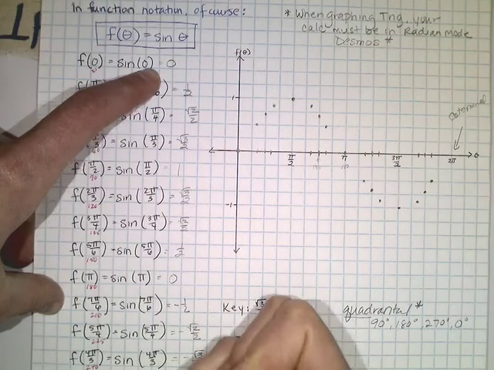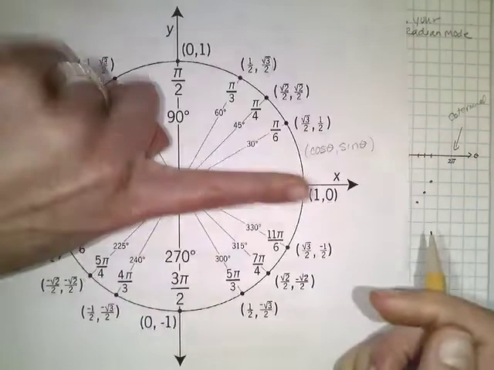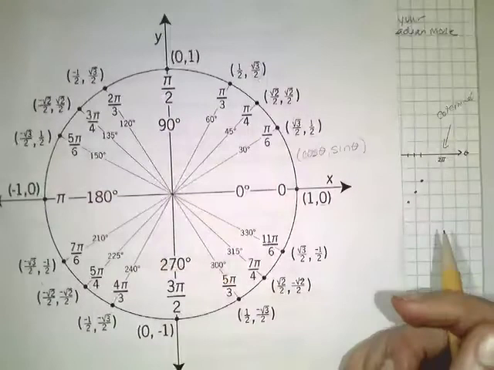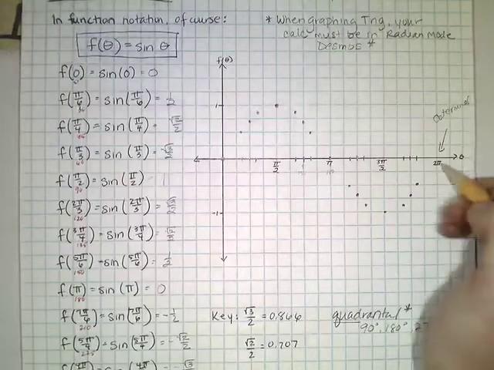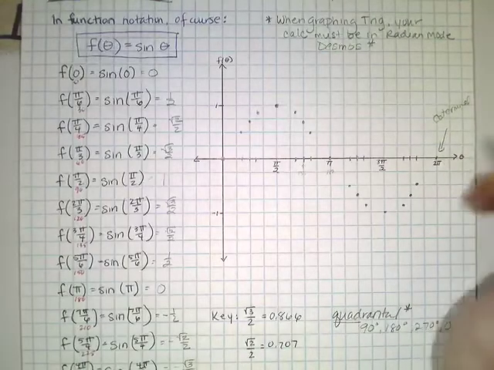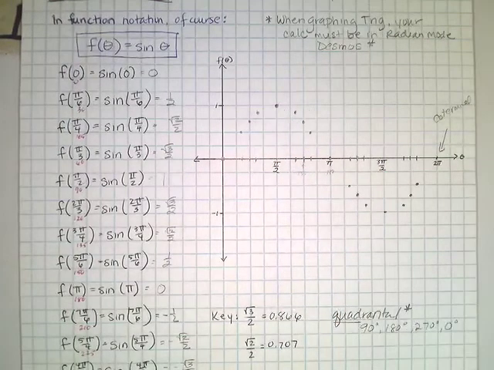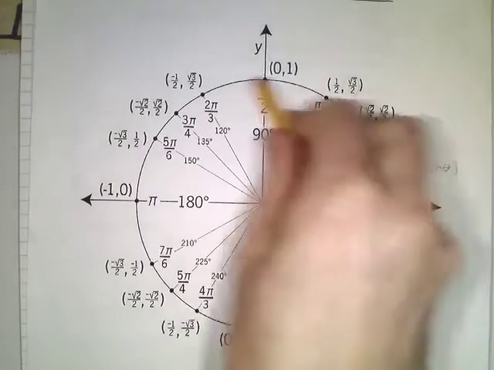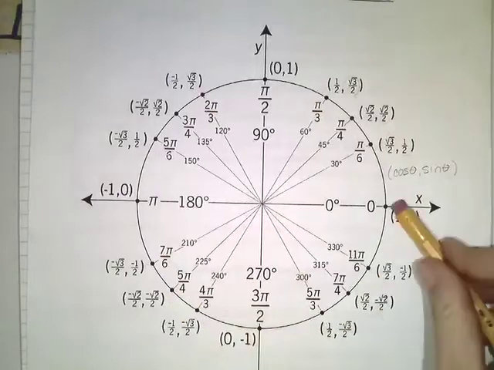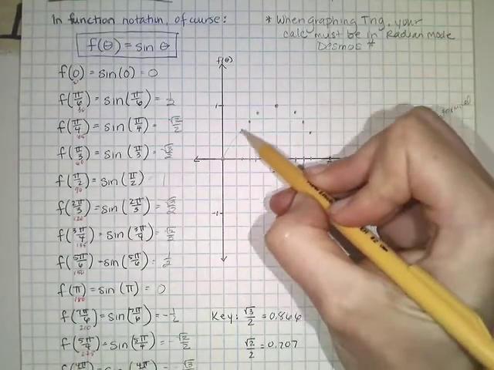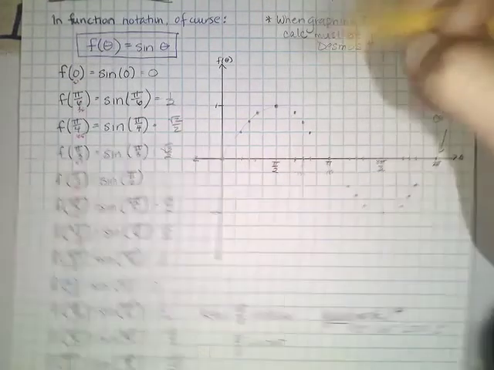Coterminal angles, right? 0 and 2 pi all the way around. So we would end right there. That's what we call 1 full cycle. 1 full cycle means I went through all of the 360 degrees, or the 0 to 2 pi radians, and I've completed 1 full cycle of sine.